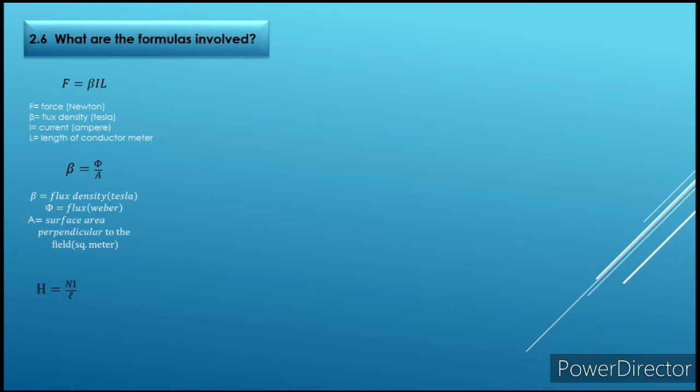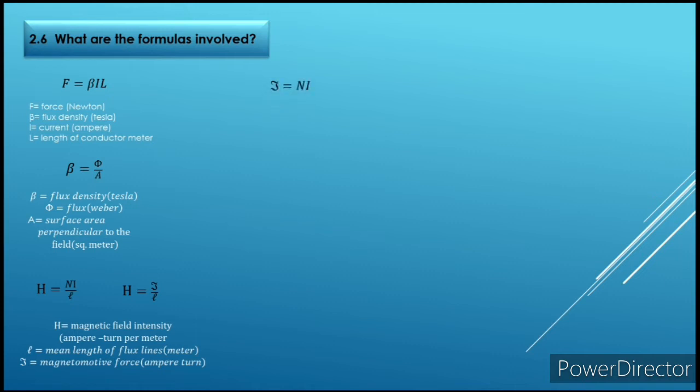Next we have H, the magnetic field intensity, is equal to N times current over the length. And H is equal to magnetomotive force over the length, where H is the magnetic field intensity, unit is in ampere turn per meter, mean length of flux lines, unit is in meter, magnetomotive force, unit is in ampere turn.